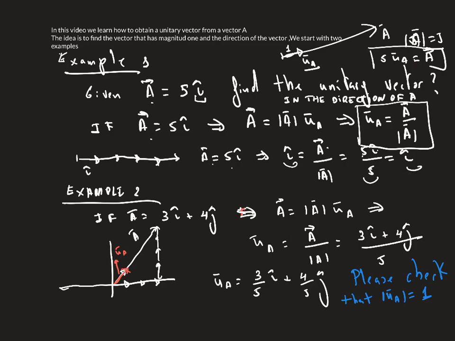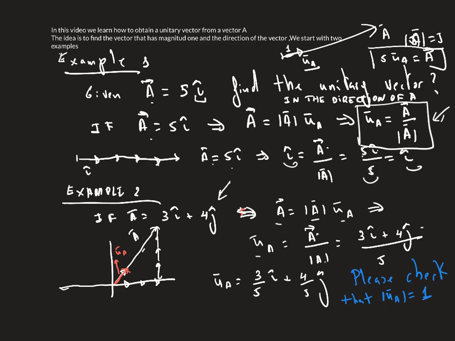But let's say that you have this other example with the vector A equal 3i plus 4j, which is the one that I have drawn. You have to find this vector in red, the one that has magnitude 1 and is in the direction of the vector A. How do you find it? The equation is this one. A is the magnitude of A times U sub A, so U sub A is the vector itself divided by its magnitude.